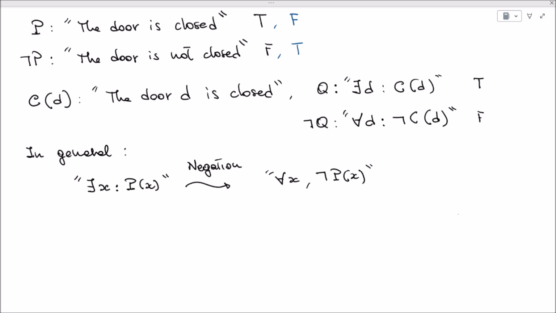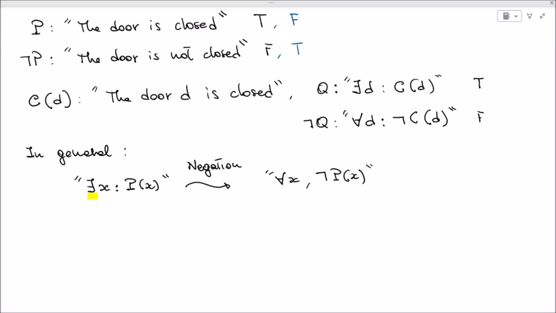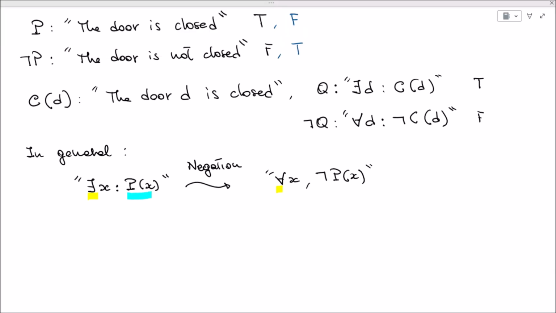So as you see, what we have done, we have taken the existence quantifier and replaced it with the universal quantifier. Then we have taken the predicate p of x and replaced it with its negated version.